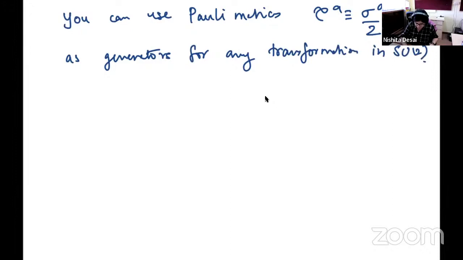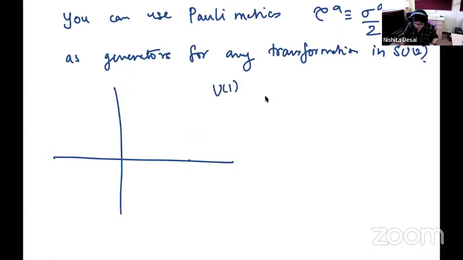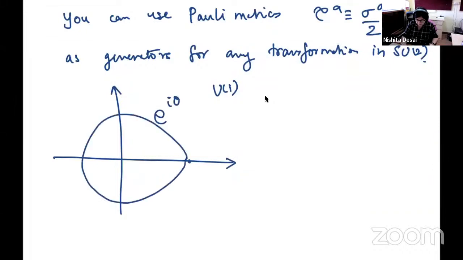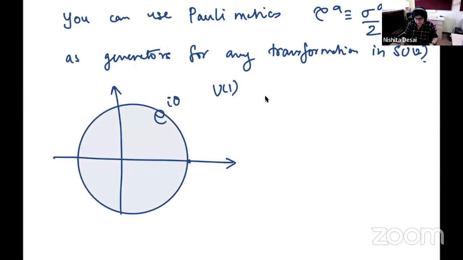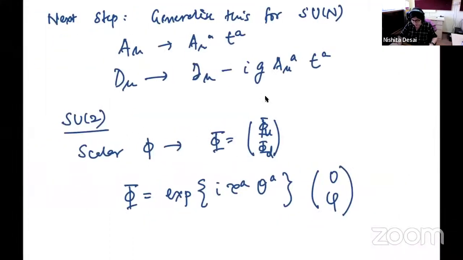So what this is essentially saying is that if you had U(1), you would start with any real number, and you could just multiply it by e to the i theta to take it anywhere else on the circle, right? So this is what you would do for U(1). So you're doing something similar in SU(2), which is you're starting with a real number, and this you can also write as, say, y1 plus i y2 plus i.